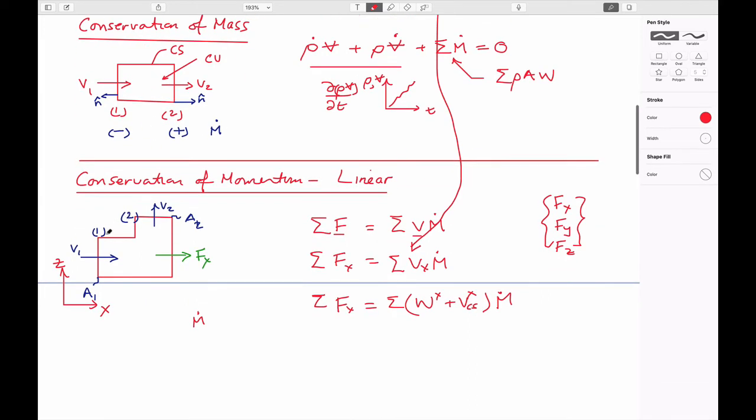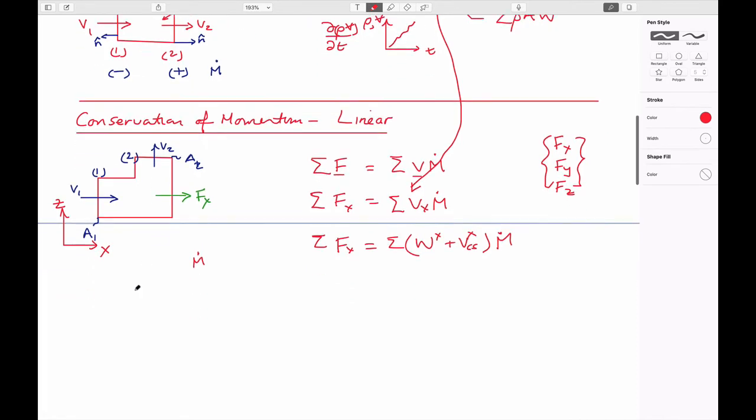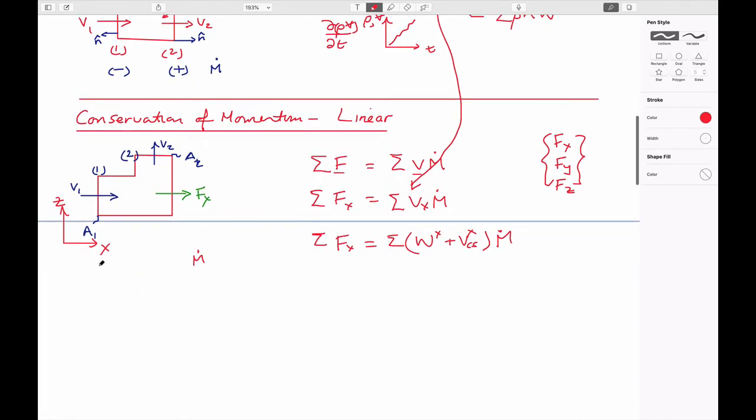If we work on these 1 and 2 locations here, then in terms of mass flow rate, this would be negative because it's going in, and this would be positive because it's leaving here, in the direction of the unit normal. That's our reason for that.